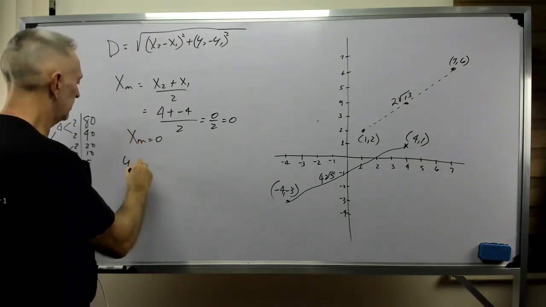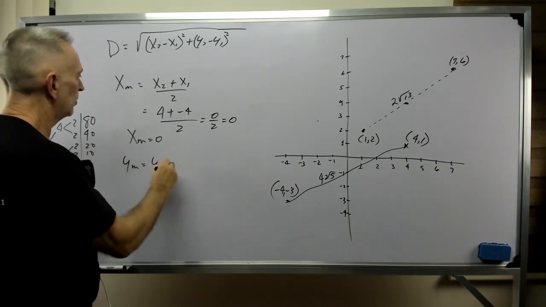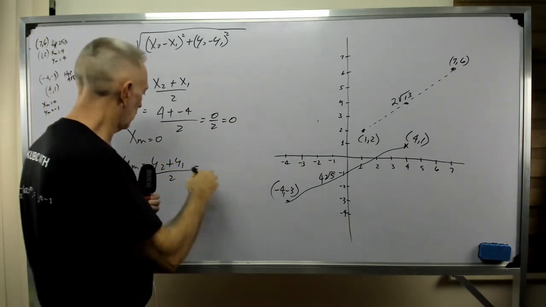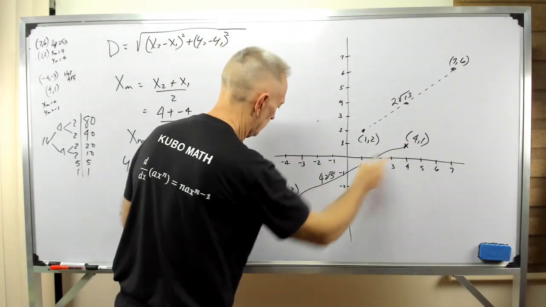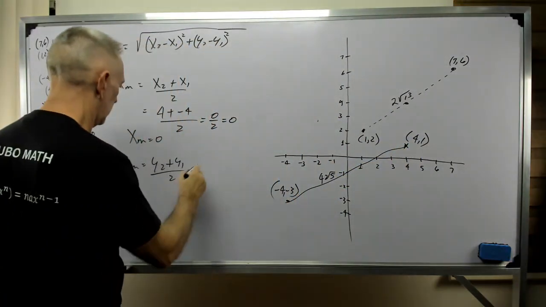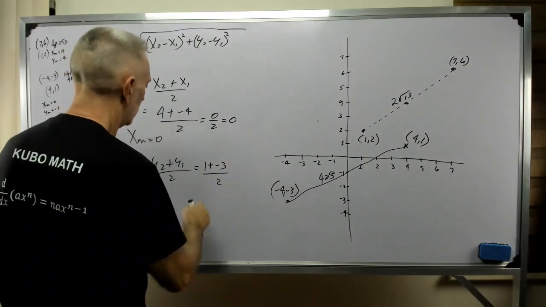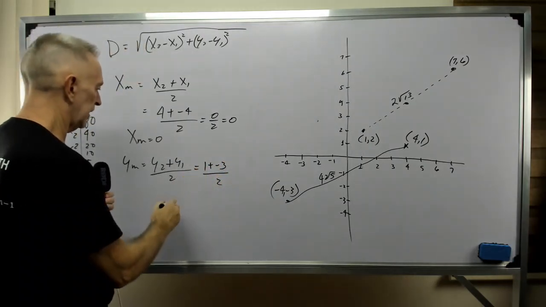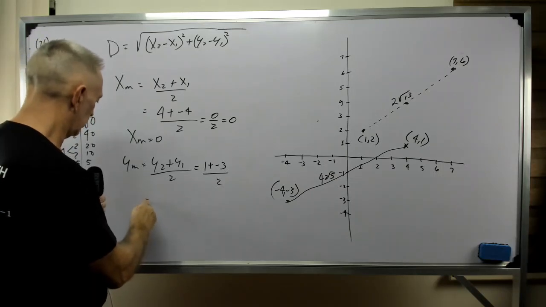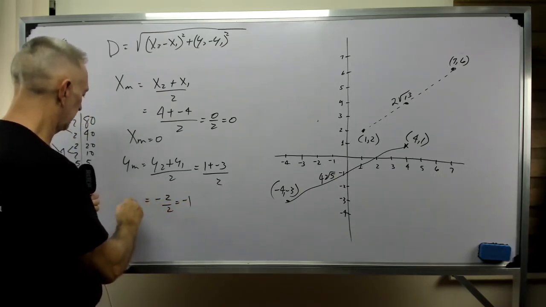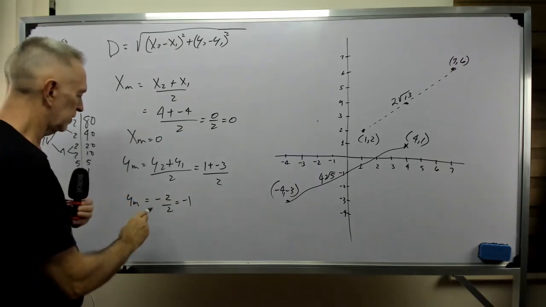y sub m equals y sub 2 plus y sub 1 over 2. All right, y sub 2, 1 plus a negative 3 over 2, so what does that give me? A negative 2 over 2, which is negative 1. So y sub m is negative 1.